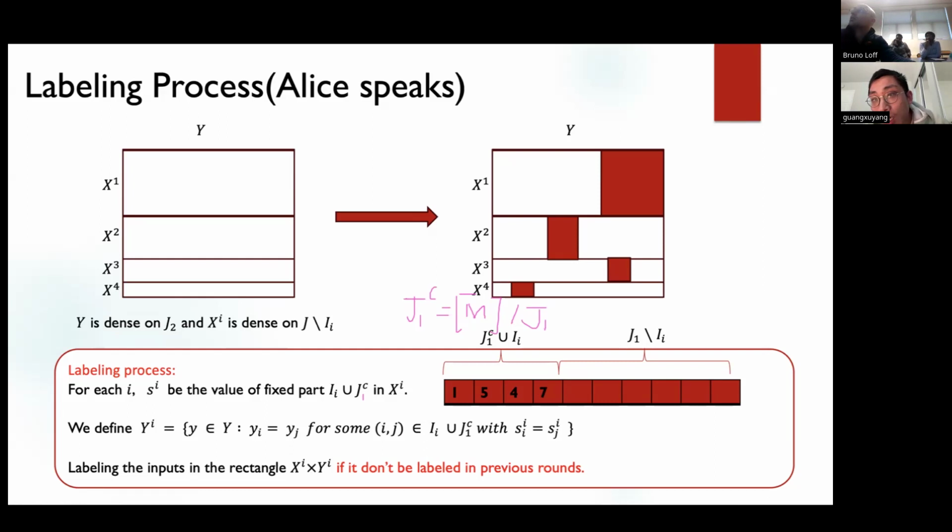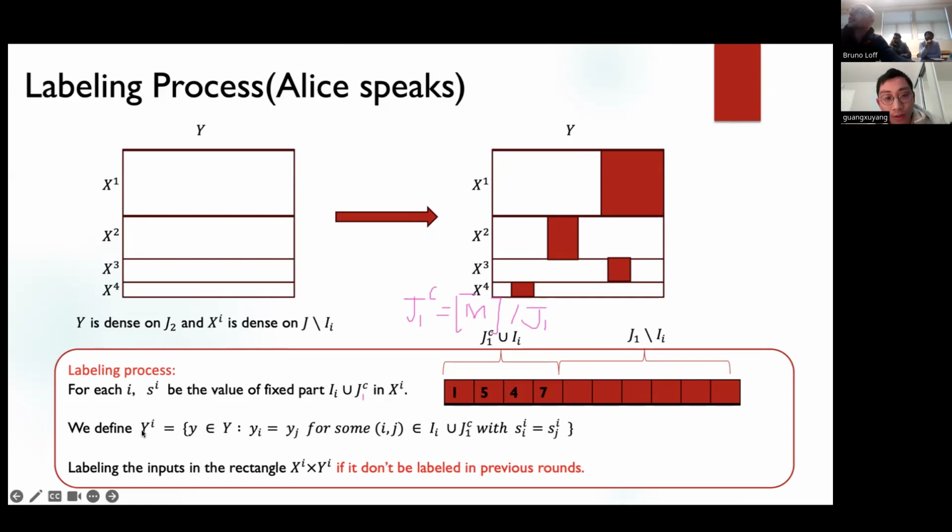The X2 portion all has S2 in the coordinates, correct? And so on. Yes. So in the definition of YI below, YI depends on XI. So every time we just define a YI for XI.